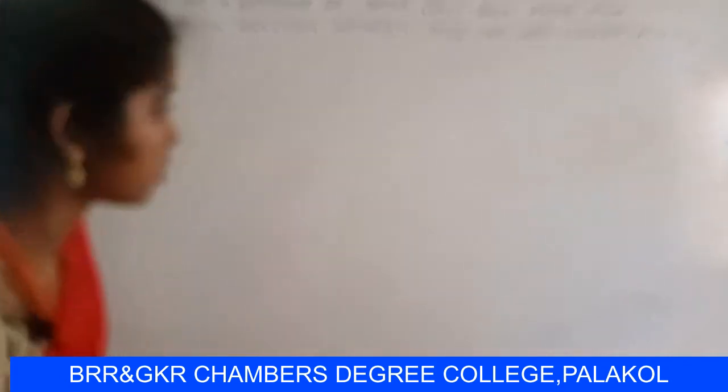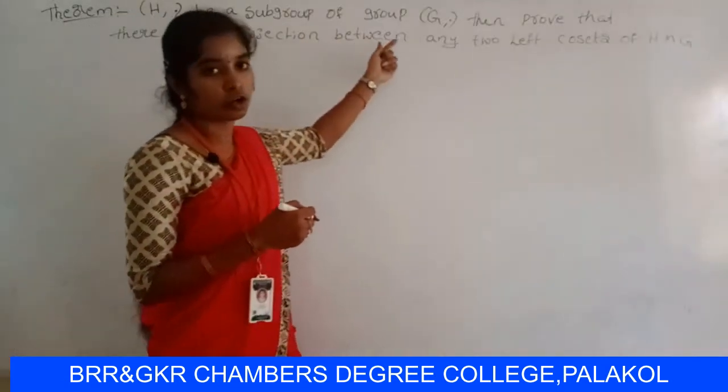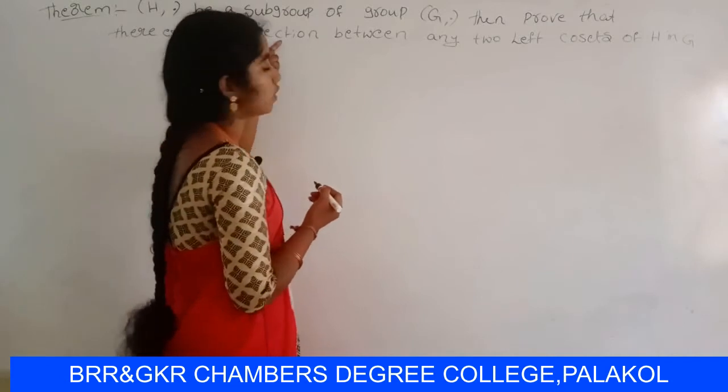Theorem statement: let H, dot be a subgroup of a group Z, dot. To prove that there exists a bijection, we have to prove that F is a bijection.